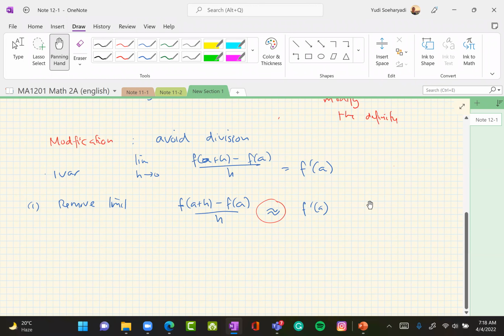The meaning of the limit as h goes to 0 is that if h is small, then this is approximately the same on the left hand side. If the left hand side is almost equal to the right hand side, then we remove the h by multiplying by h, because h is now non-zero.